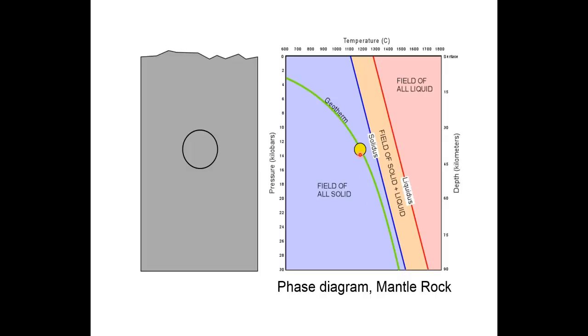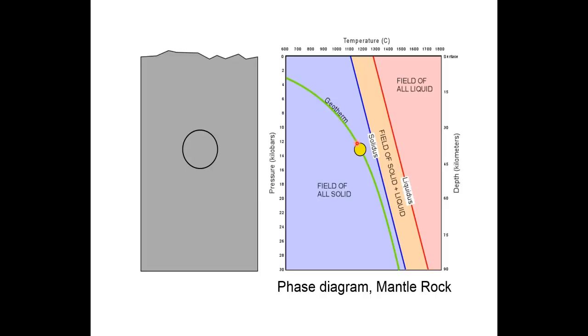Now, as this rock rises, which we showed happening on the left-hand side, its temperature might or might not adjust. It depends on how quickly or slowly it's rising. As this rock rises, it's going to enter surrounding mantle that's cooler than it is, because as you go up, the temperature, as described by the geotherm, decreases.